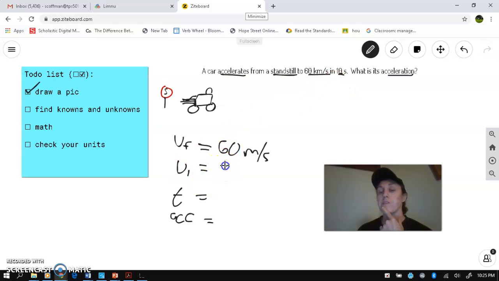Our initial speed was 0 meters per second, and it took 10 seconds. What is the acceleration? That's a great question, and that's what we're going to find out.